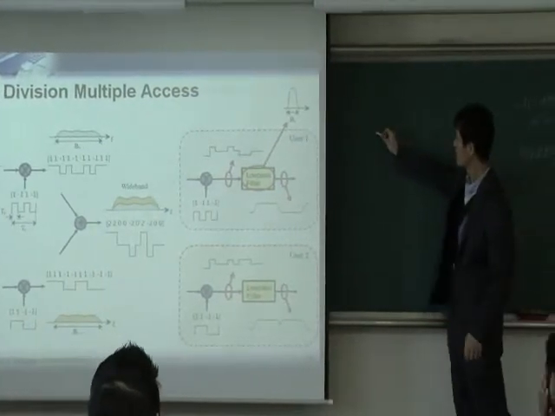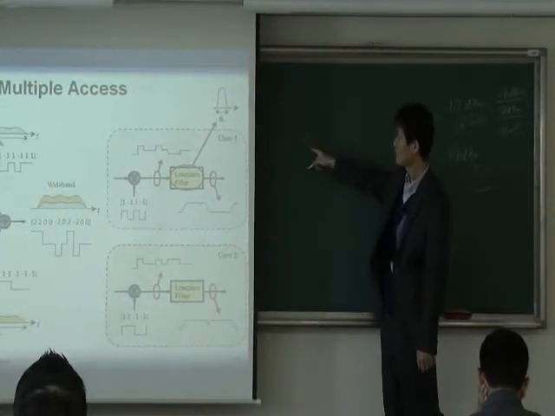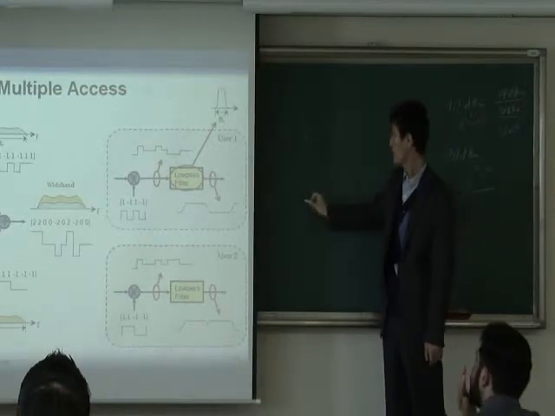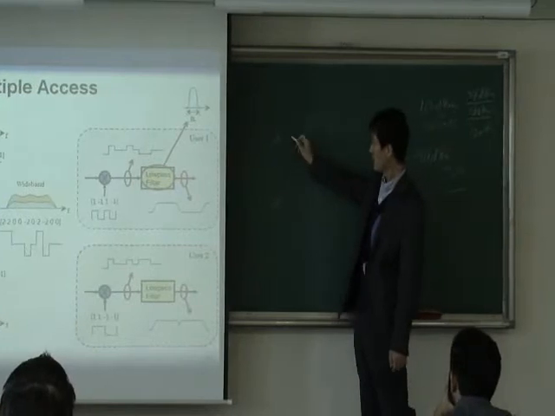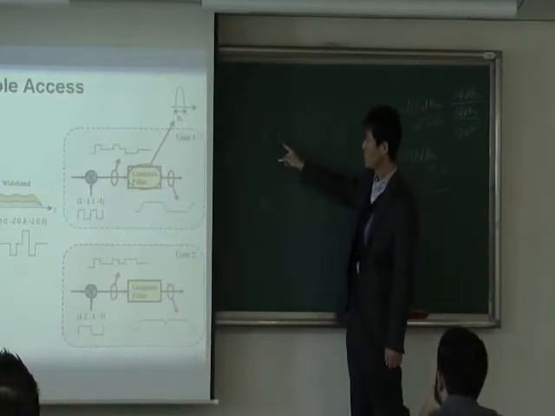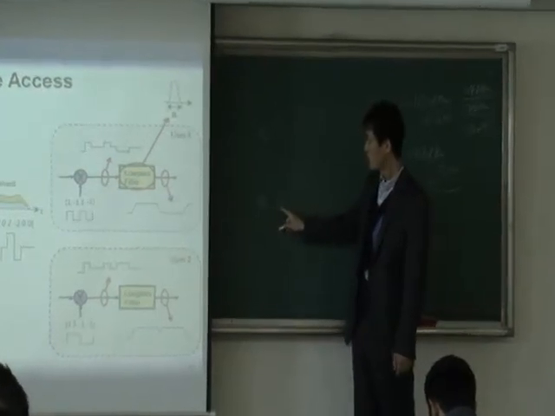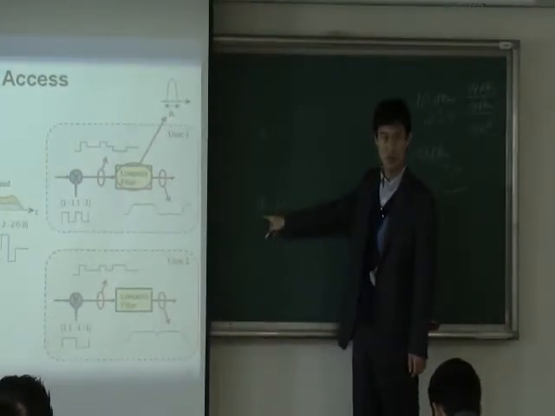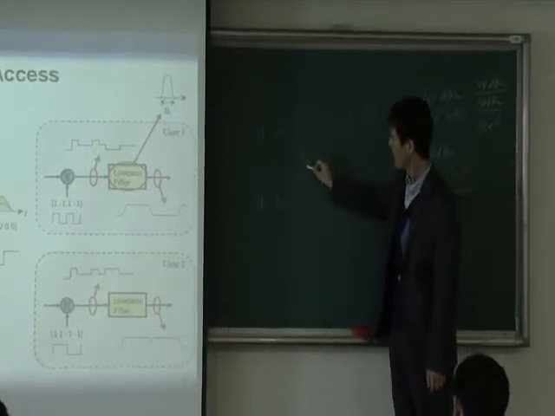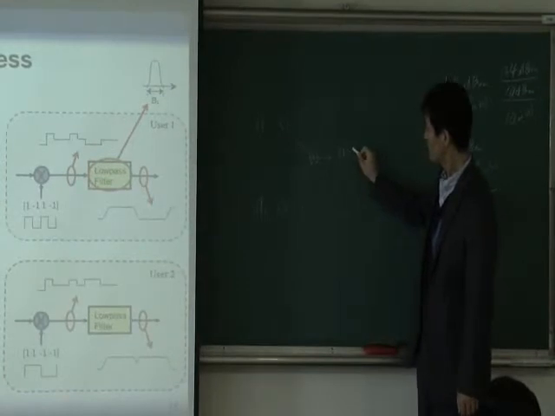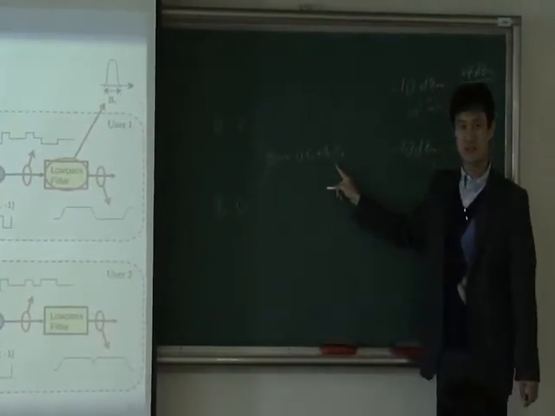Let's say our original information is A. Let's say A1 is the original information of user 1, and A2 is the original information of user 2. Here, user 1 multiplies user 1's code, and user 2 multiplies user 2's code into its own information. Now over the channel, these will be added. This is what you receive.